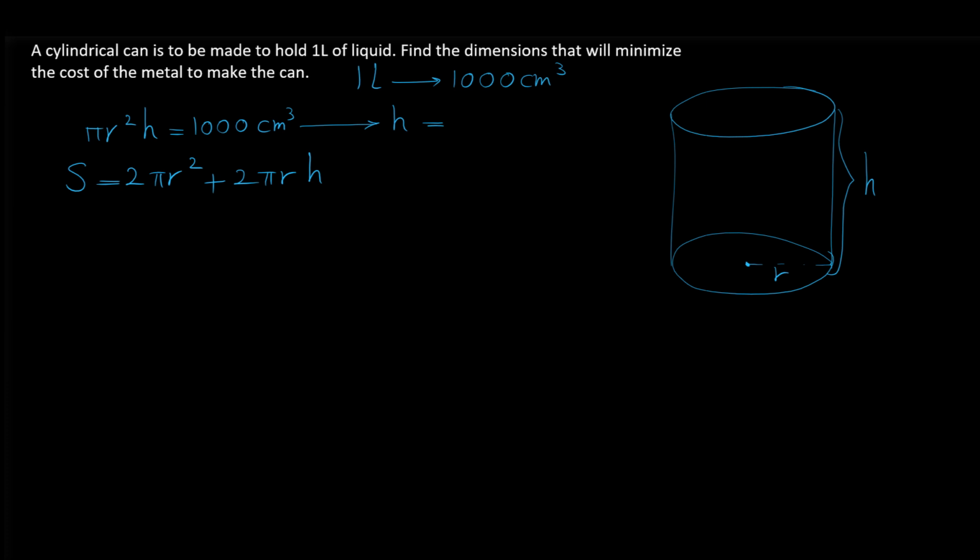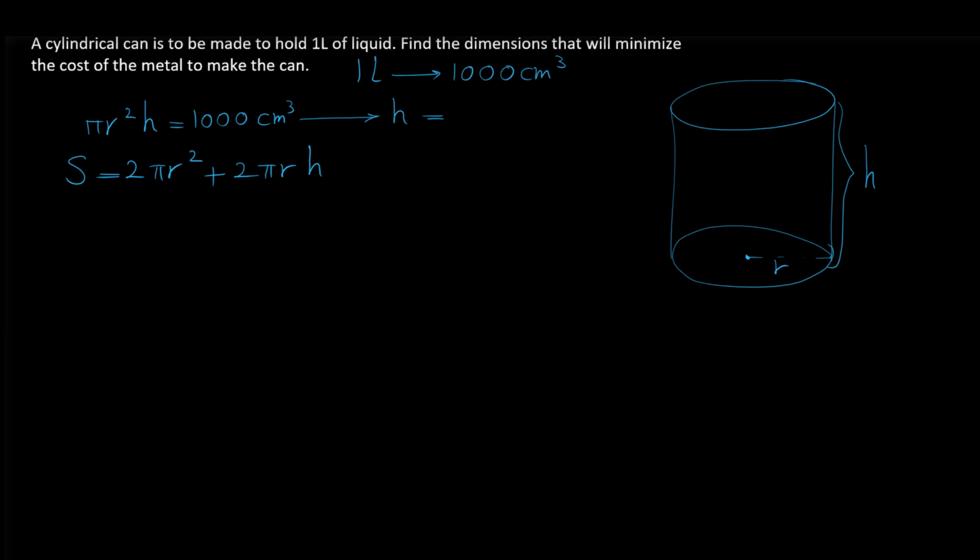If we divide both sides of the relation by pi r squared, h would be 1000 over pi r squared. So s is 2 pi r squared plus 2 pi r times 1000 over pi r squared.